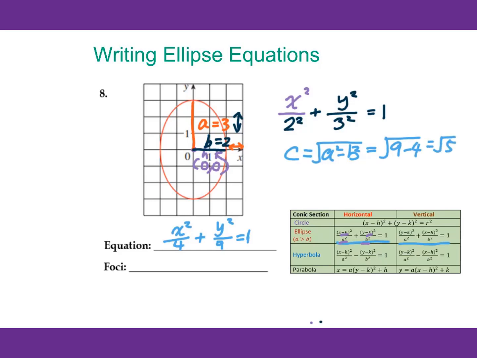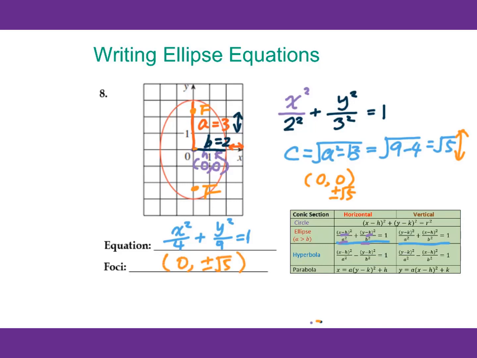You will get on the major axis two points. Let's label this F. So for the foci, from the center, you go up and down square root of 5. From (0, 0), you go up and down, so plus or minus square root of 5. Therefore, you get (0, plus or minus square root of 5).